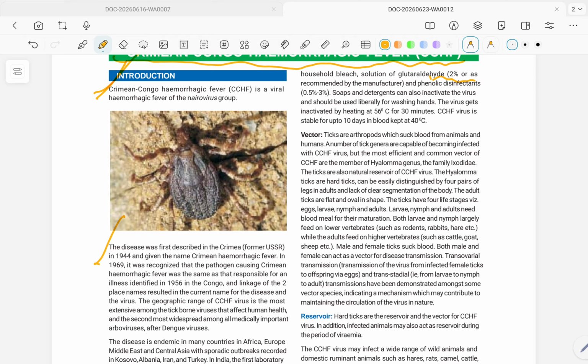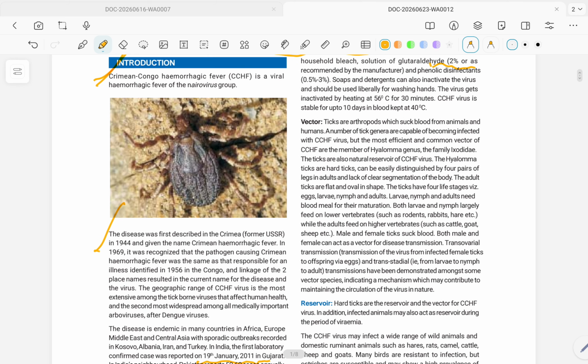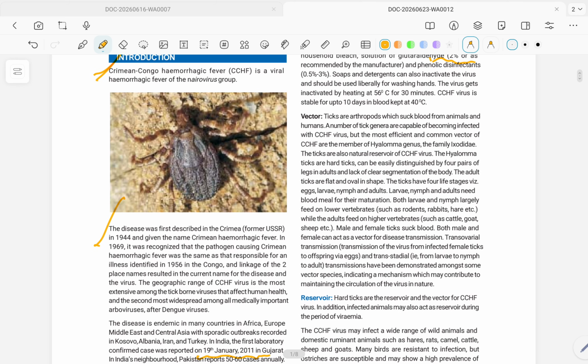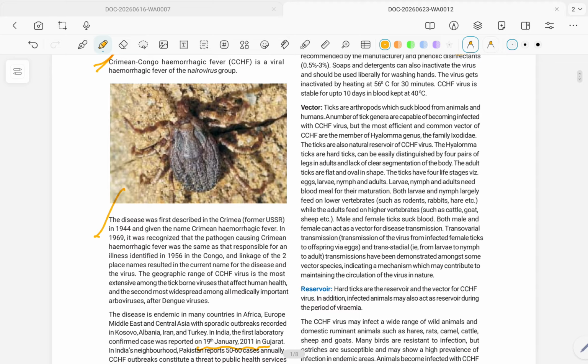Soap and detergent can also inactivate the virus and should be used liberally for washing hands. The virus gets inactivated by heating at 56 degrees Celsius for 30 minutes. CCHF virus is stable for up to 10 days in blood kept at 40 degrees Celsius.